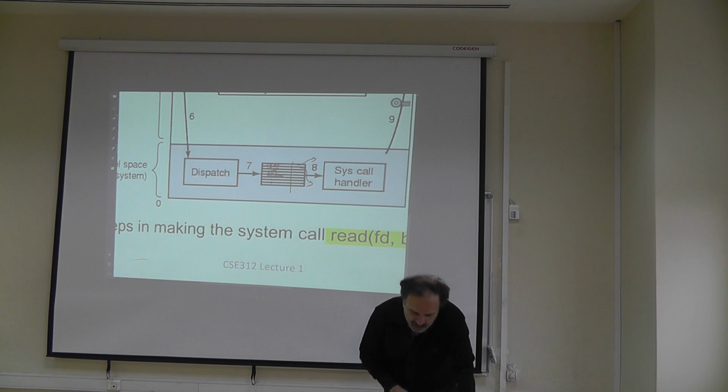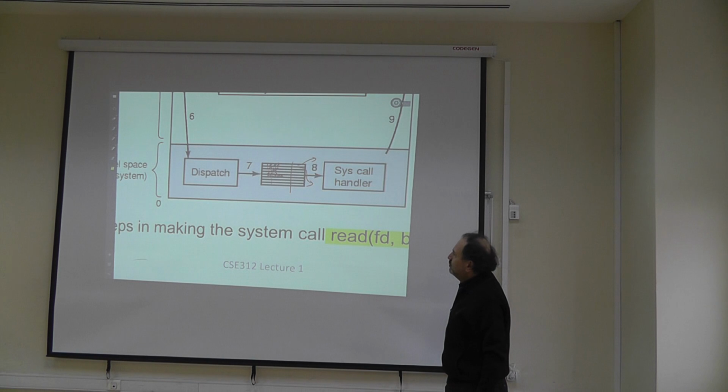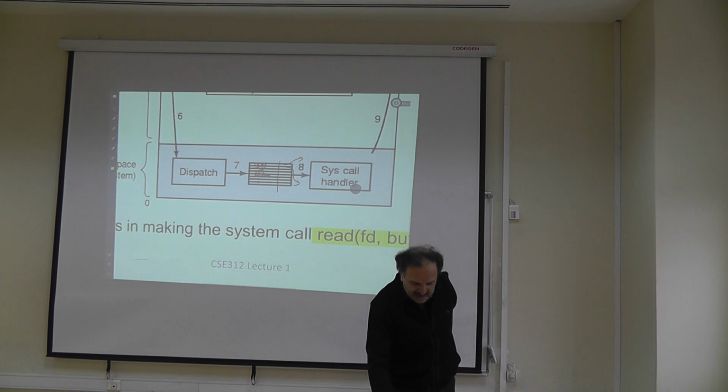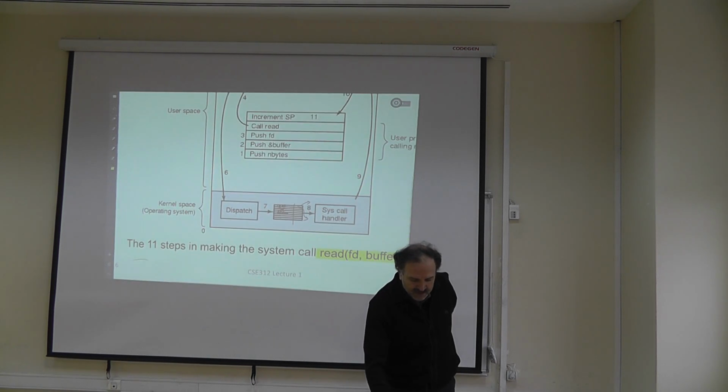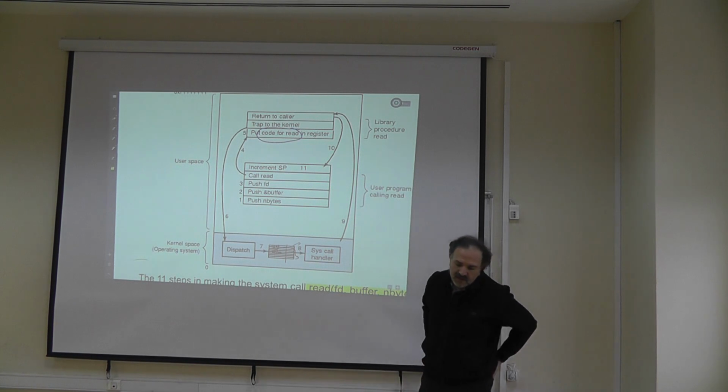So for read, the dispatcher finds the address for the read function, and the system call handler handles that read routine using those three parameters. And when it is done, it returns to the caller.